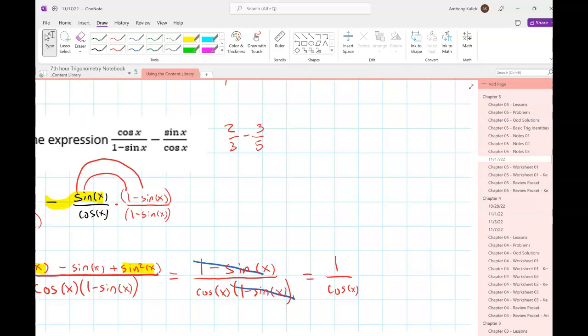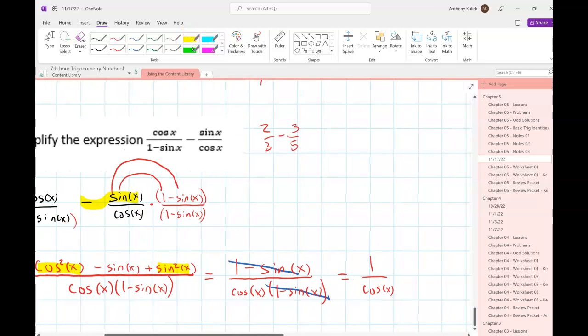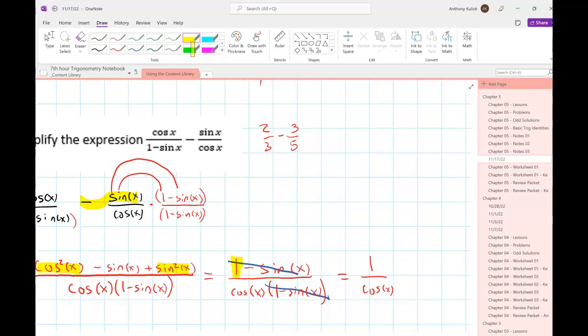Ava, how did the numerator become 1 minus sine x? So sine squared plus cosine squared is 1. And then the minus sign is still just the minus sign. Okay. 1 over cosine. Can we do better than that? It is secant x. And that's as good as you can do.